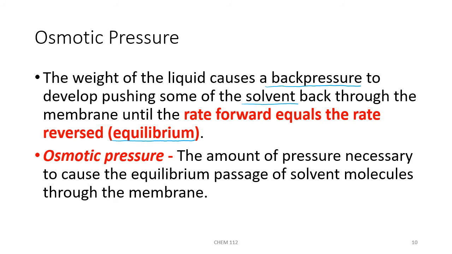Osmotic pressure then is the amount of pressure that's necessary to cause the equilibrium passage of solvent molecules through an osmotic membrane. Since it is a pressure, it will have units of atmospheres or torr or millimeters of mercury or pascals, really any units of pressure that we've seen so far.